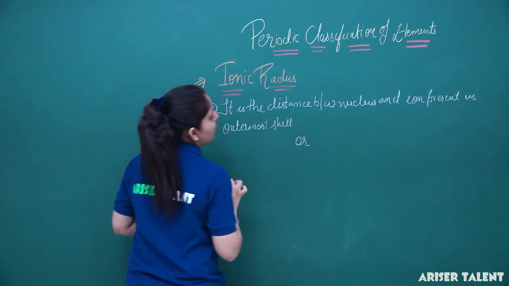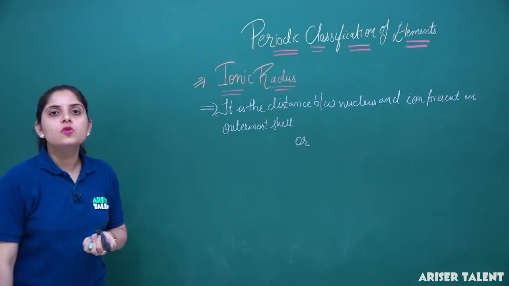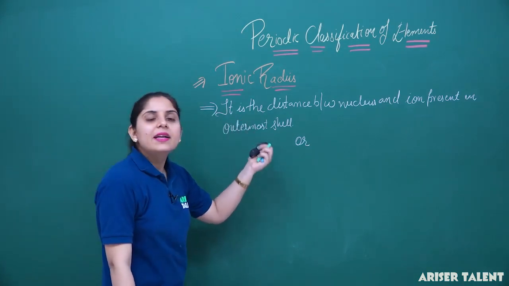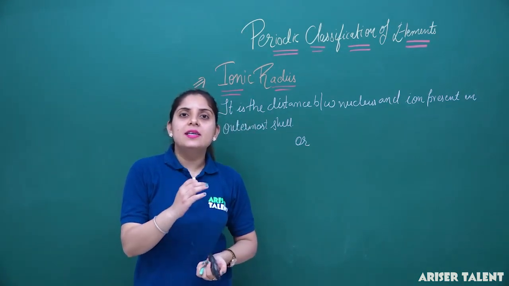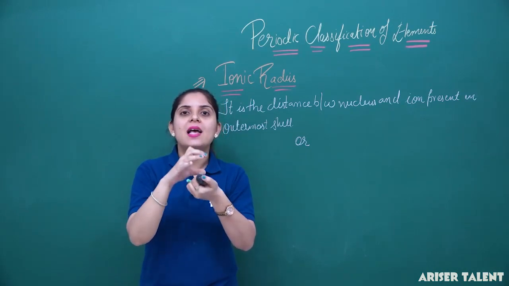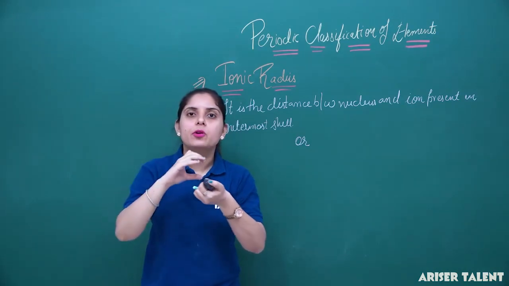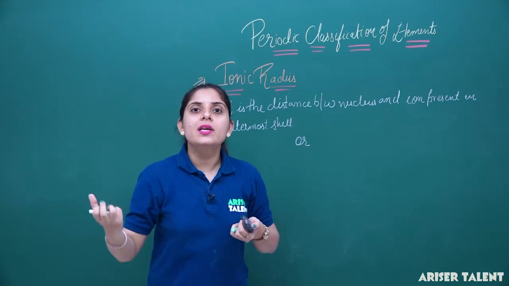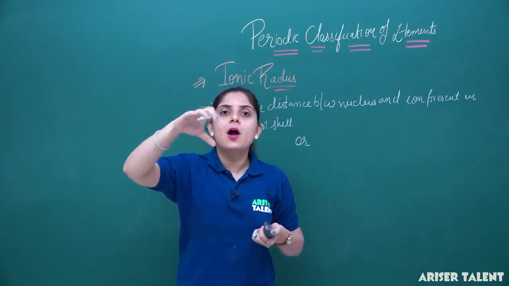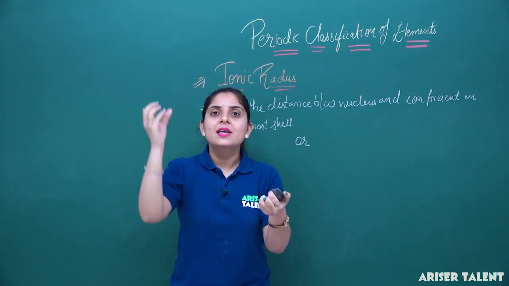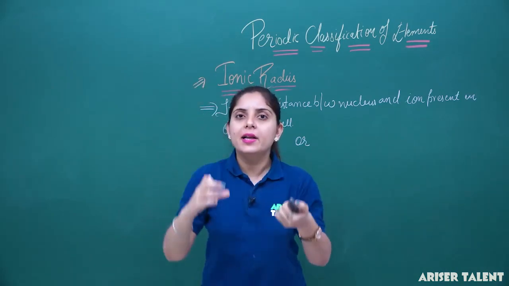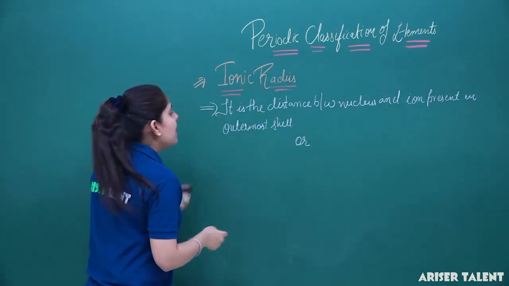Or in other words, we can also say that ionic radius is defined as the distance up to which the nucleus has its control over the electron cloud. It means the nucleus is going to control the electron cloud. So, up to how much distance the nucleus controls the electron cloud is known as the ionic radius.